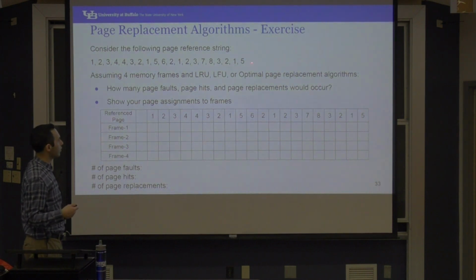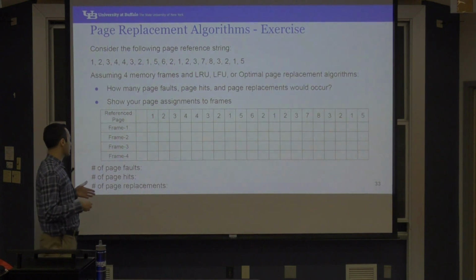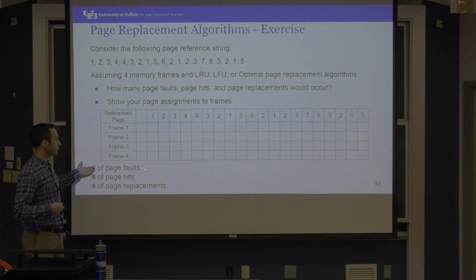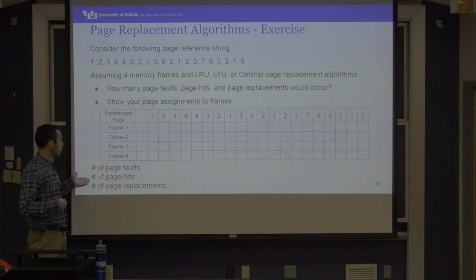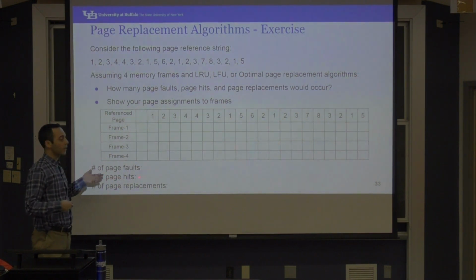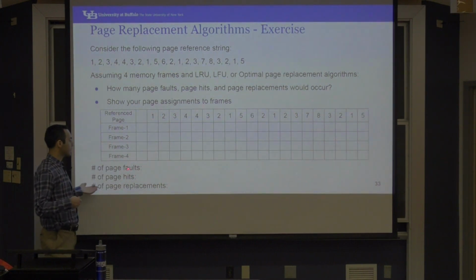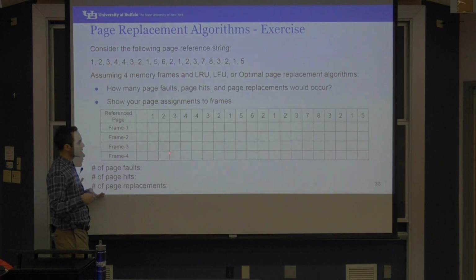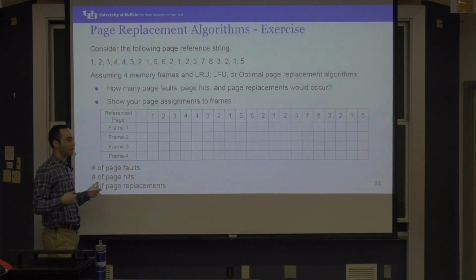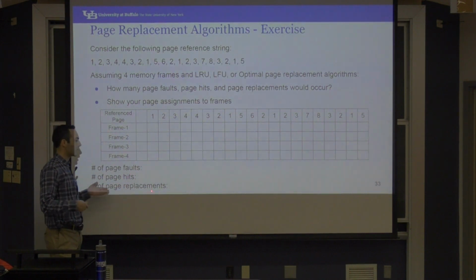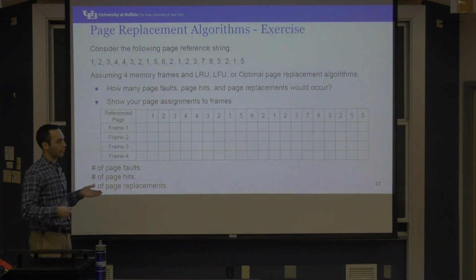Try to take one at a time, just like how we did in class, and then find the total number of page faults and the number of page hits. The page hits and faults together are all the references. Then amongst the page faults, the first ones have free frames, so there won't be any replacements, but for the ones where we don't have free frames available, there will be replacements.